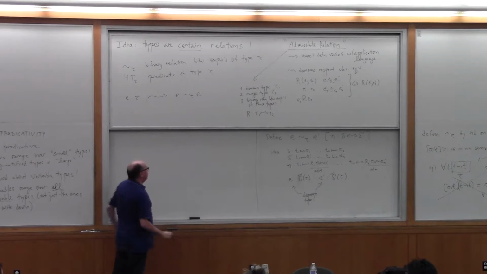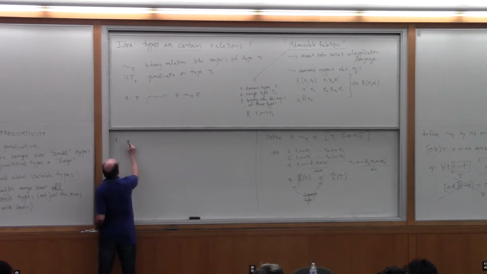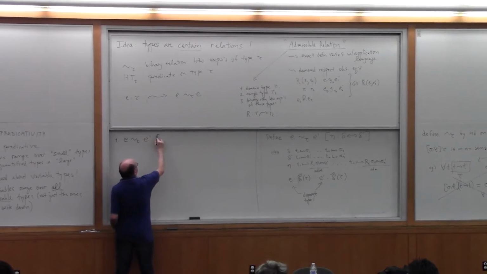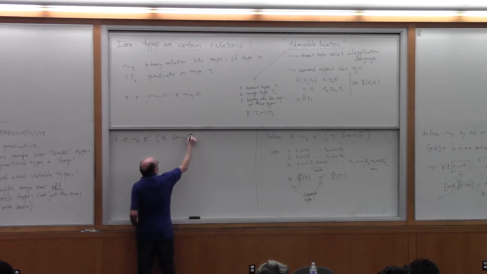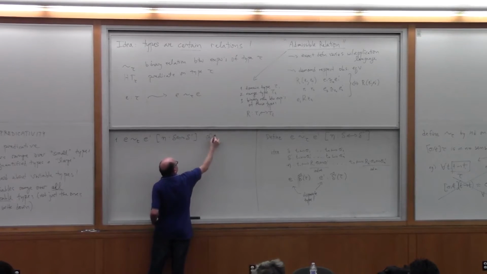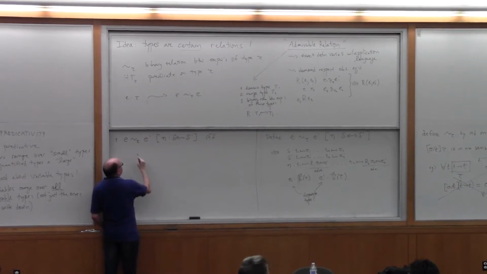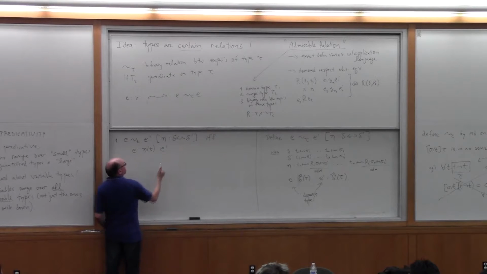Okay, so now how do we define this? The first clause is: what about a type variable? What do I want to say here? E is related by eta of t to E prime.